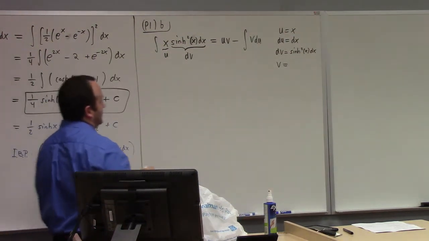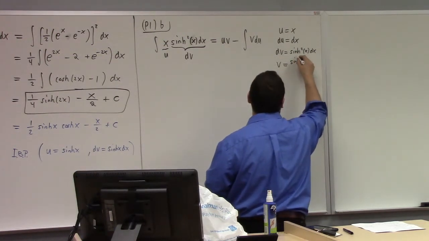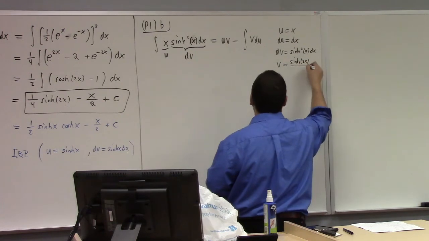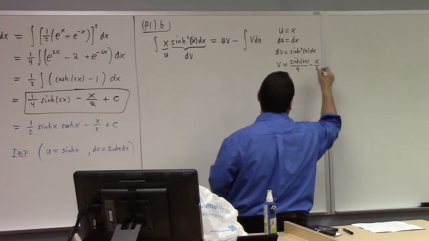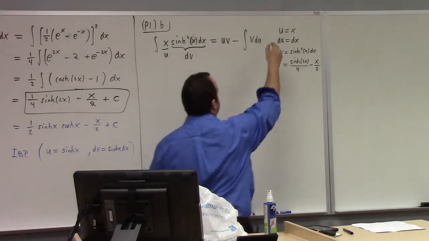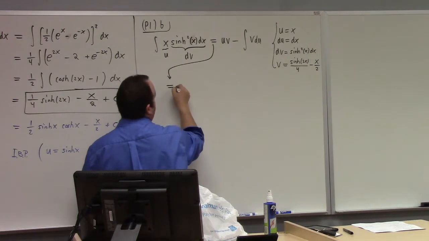We could use, I'll go with my answer foolishly, see what happens: sinh of 2x over 4 minus x over 2. There's more than one way to do these, right? So with that, I'll start over here. I've only got so much board space.